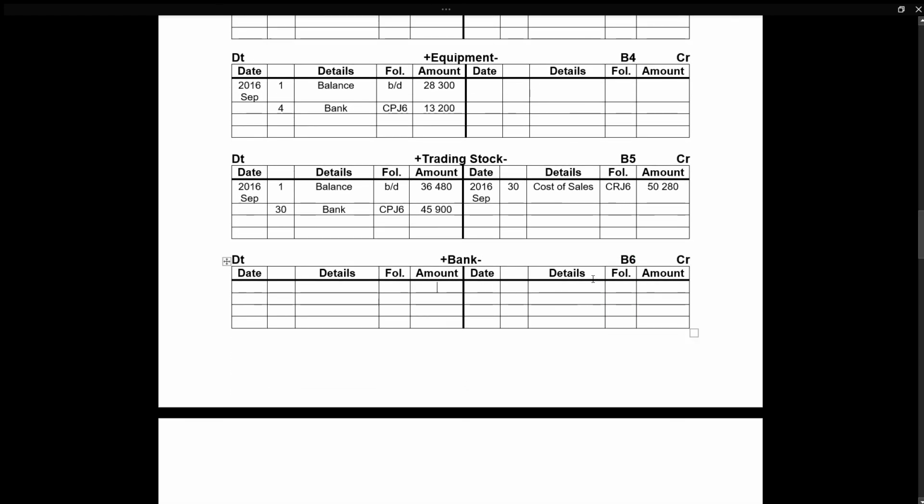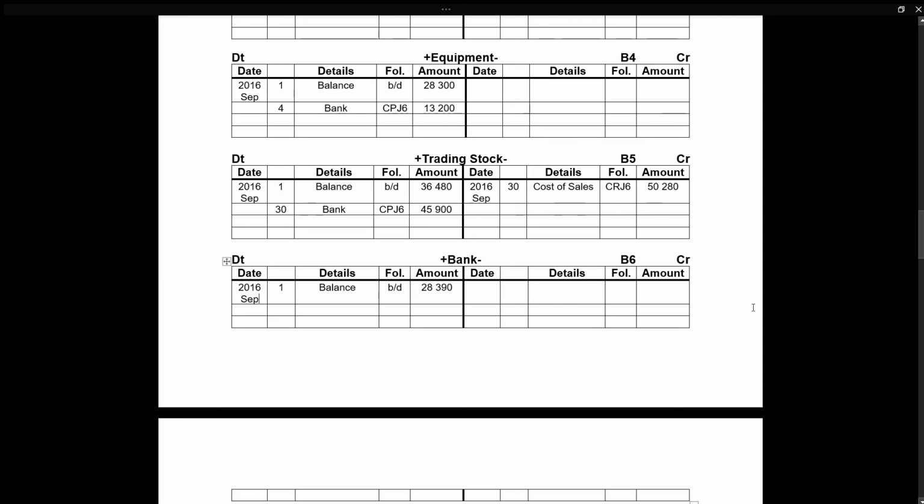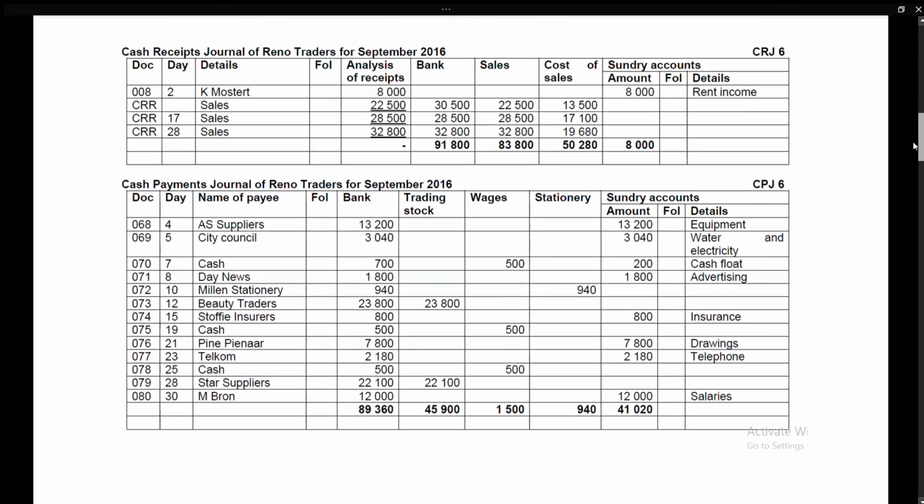Right, my opening balance for bank 28,390 Rand. It's an opening balance, therefore my folio will be brought down. My details will be balance. I will use the first day of the month since it's an opening balance, 2016 and September.